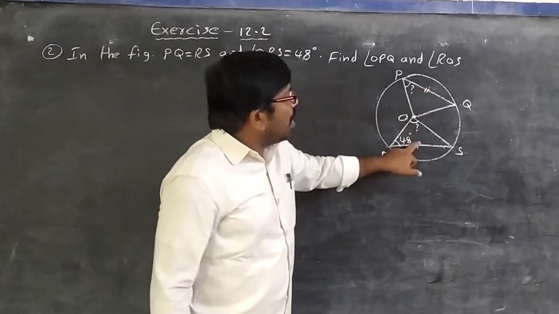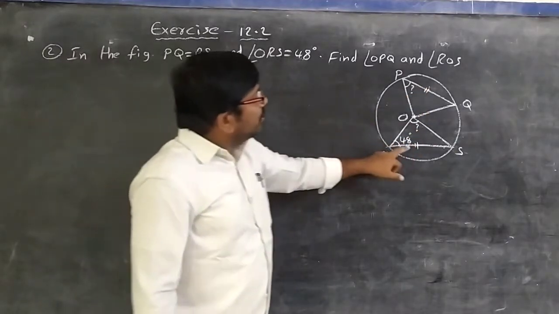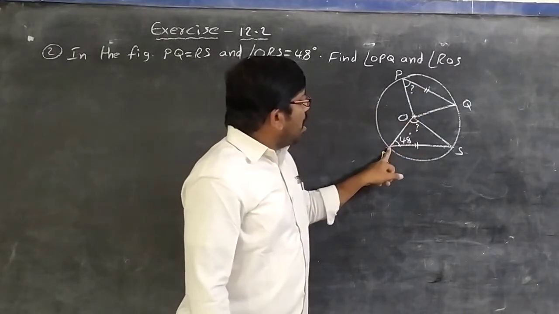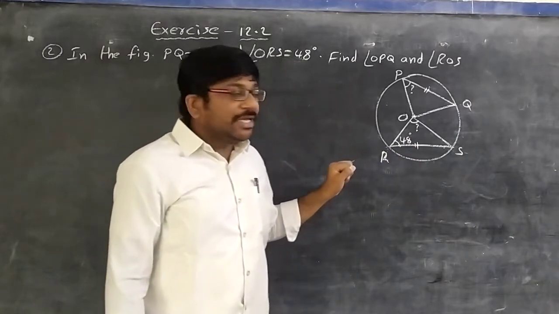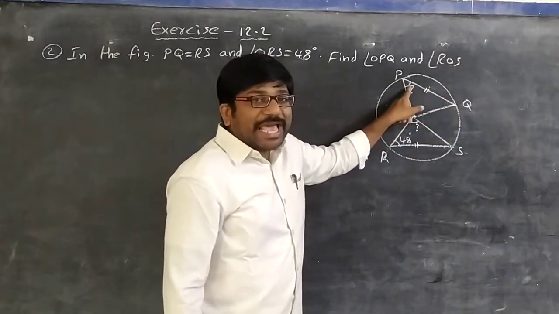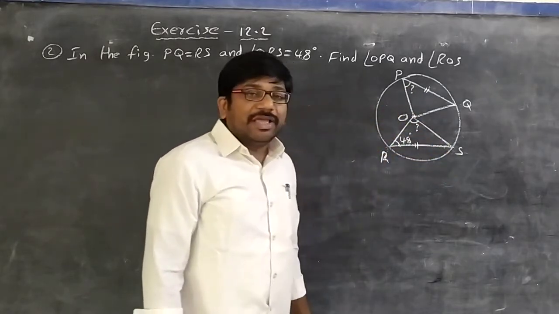They only gave that PQ is equal to RS. These two equal chords, and angle ORS is 48 degrees. Then find the angle OPQ. We have to find this angle and angle ROS, this angle, right?